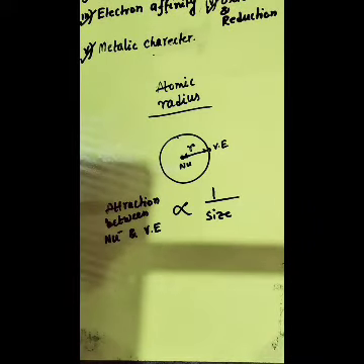Now, how does this atomic radius change when you move according to periods or according to group?